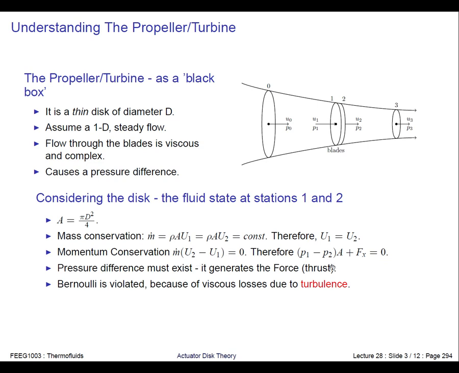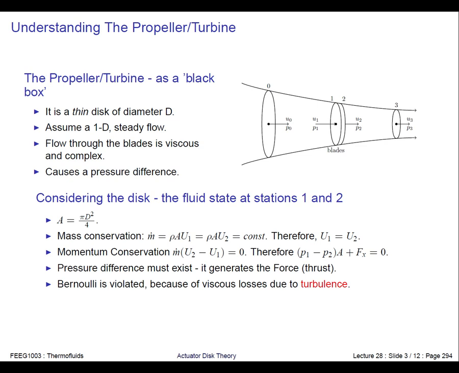So that means that the sum of all the forces must be zero, and there are two forces. There must be a pressure difference, and there must be a force created, because there's a force on the propeller that makes the aircraft move. So this force must be created by this pressure difference across the propeller.